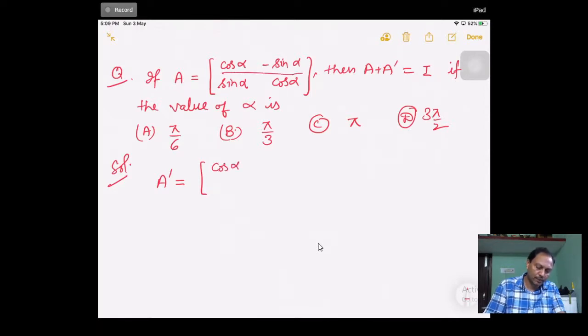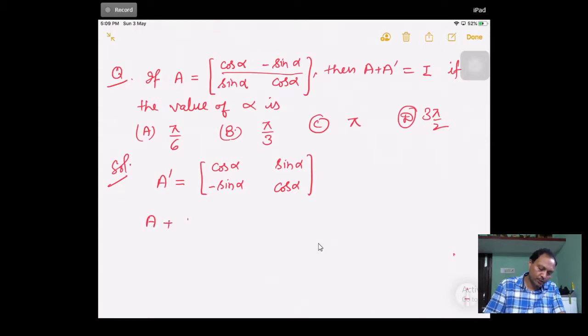So cos alpha, minus sin alpha will be the first column. The second row was sin alpha, cos alpha; it will be the second column because in the transpose the rows and columns are interchanged. This is A prime.